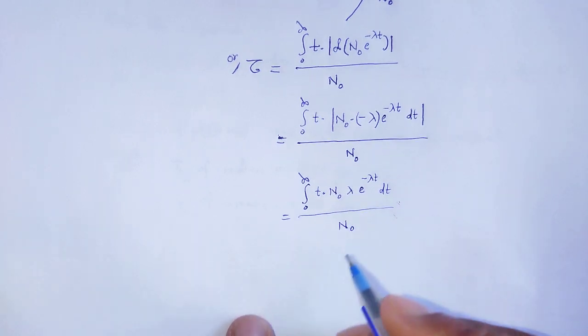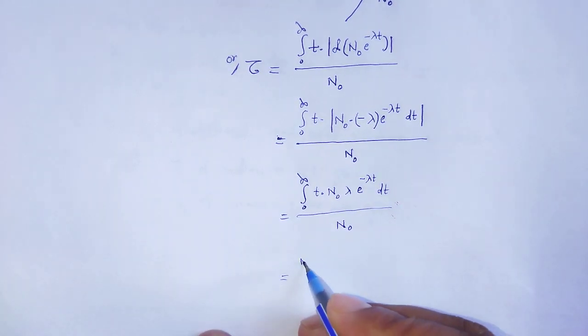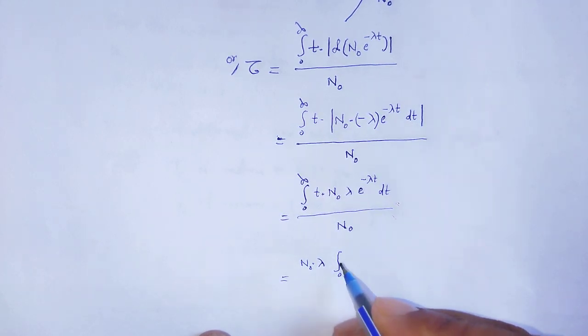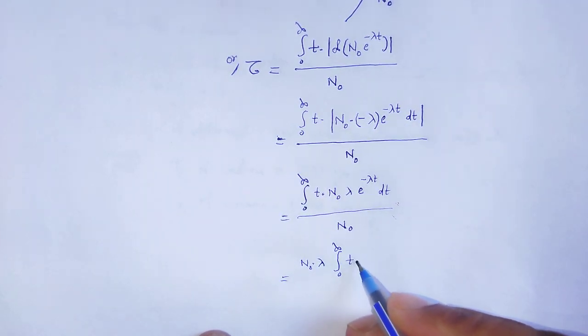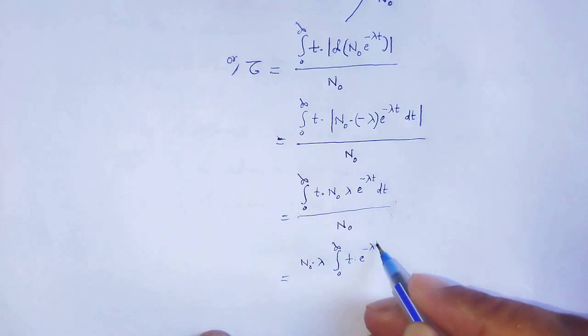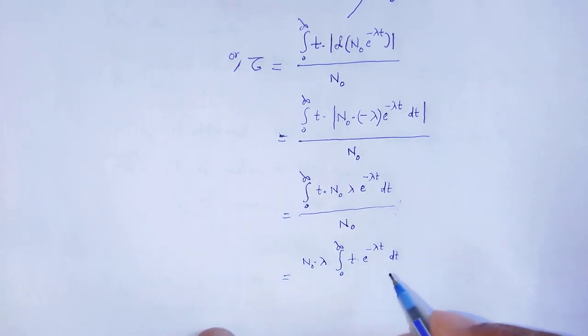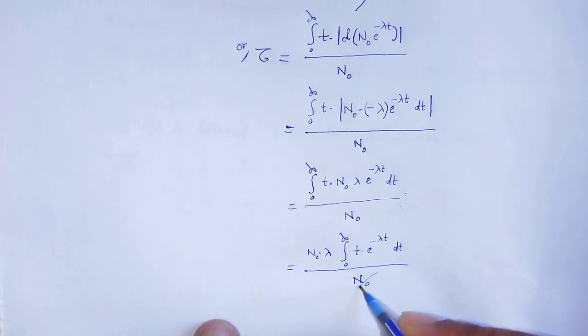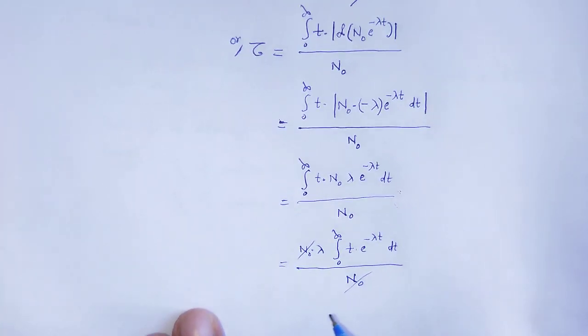So, lambda is a constant. n naught lambda goes outside the integration, and divided by n naught, n naught cancels out.